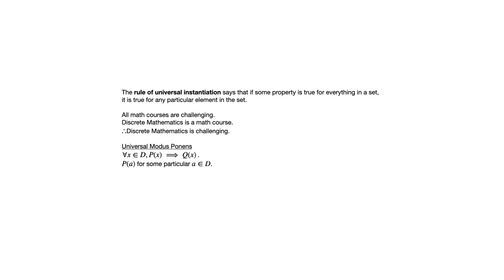So in general, universal modus ponens looks like this. For all x in D, if p of x then q of x, p of a for some particular a in D, therefore q of a. Okay, that's the general format that we have. But again, that first premise is not always going to be written as if-then.